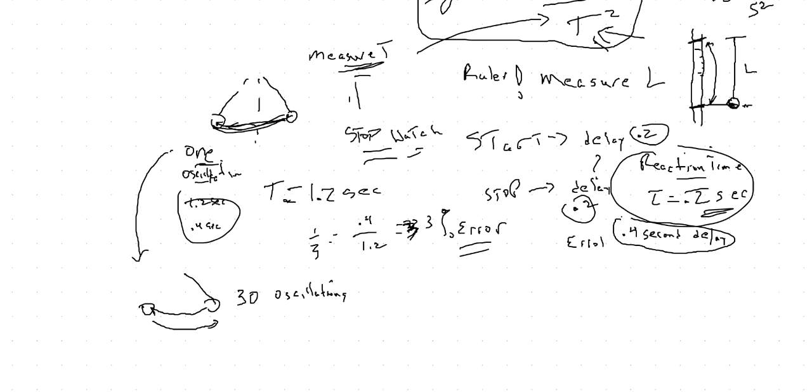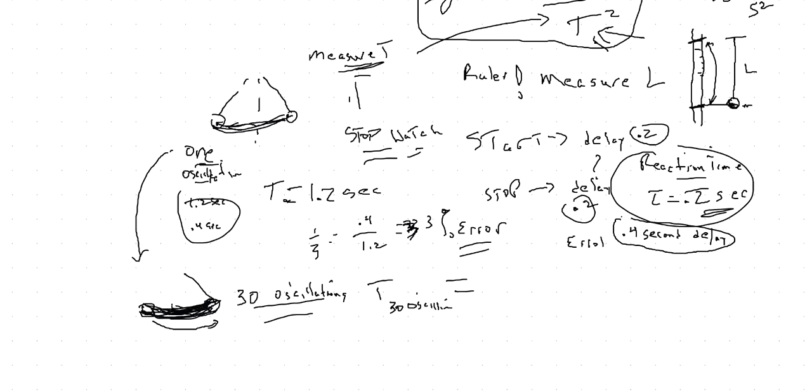We do 30 oscillations, and we get the time for 30 oscillations. I'm going to make this number easy because I'm not that smart. Ready, go. 1, 2, 3, 4, 5, ... 28, 29, 30.